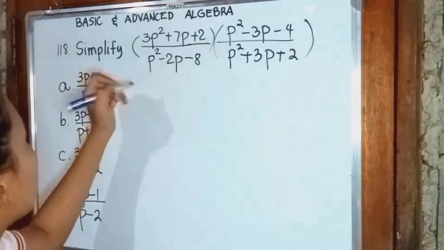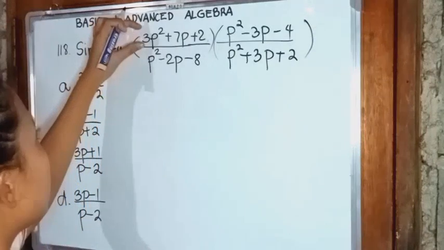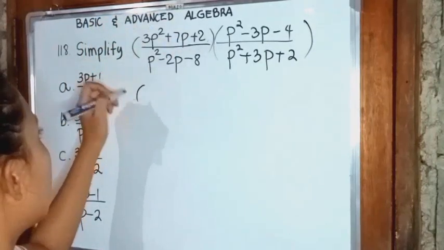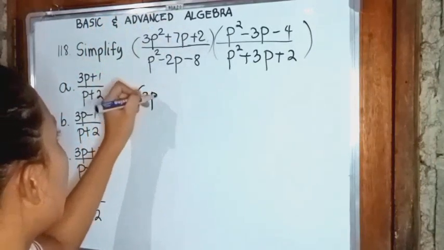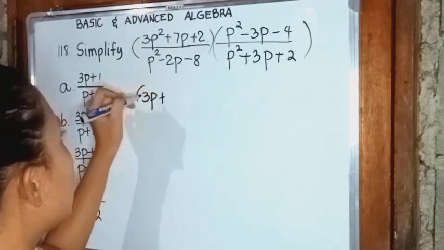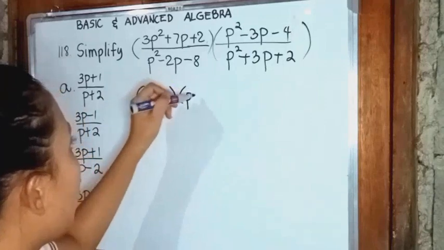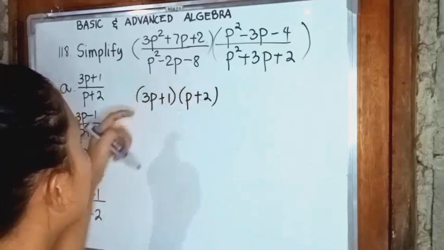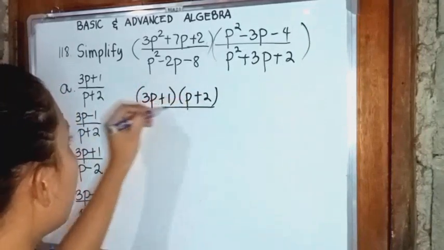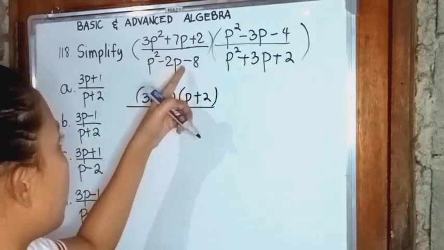So the factor of 3p squared plus 7p plus 2 is 3p plus 1 times p plus 2, over p squared minus 2p minus 8.